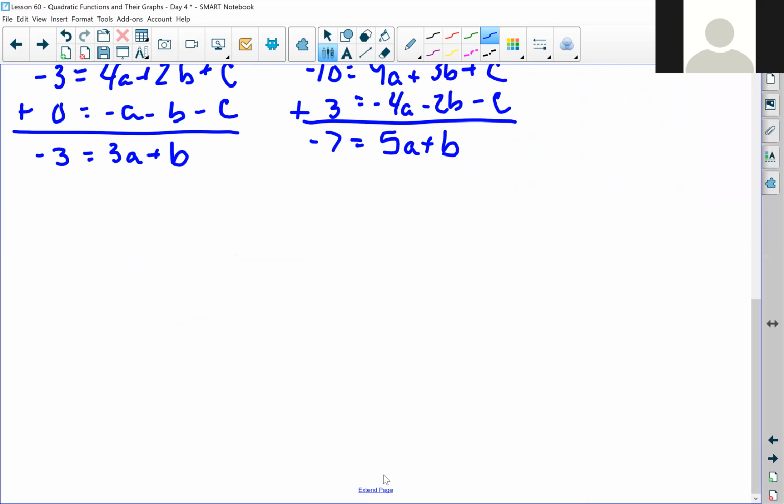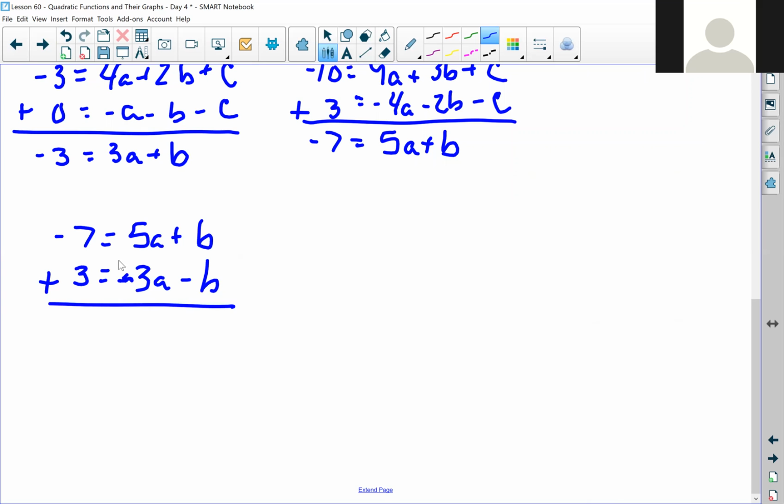If I take my second equation, negative 7 equals 5a plus b, and then take the opposite of my first equation, 3 equals negative 3a minus b, and add, I get negative 4 equals 2a.